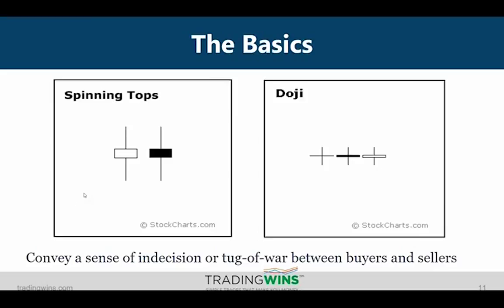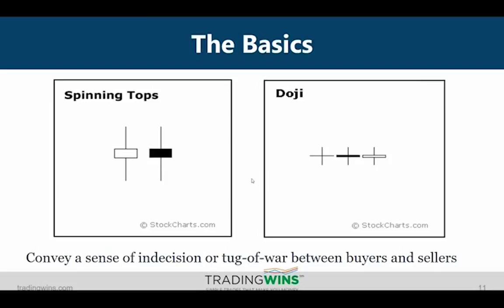In other words, and I'll give you more examples once we get to a chart, but if you're trending higher, higher, higher, higher, and buyers are dominating throughout, and suddenly you get some indecision, that's usually a turning point. You will see some along the way, but these appear most often at the top of an uptrend or the bottom of a downtrend. Now, what's the difference between the ones on the left and the ones on the right?